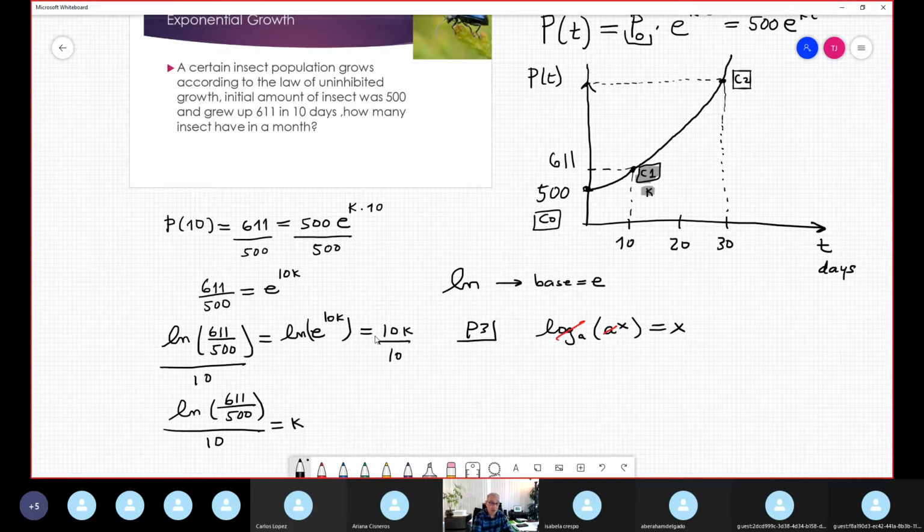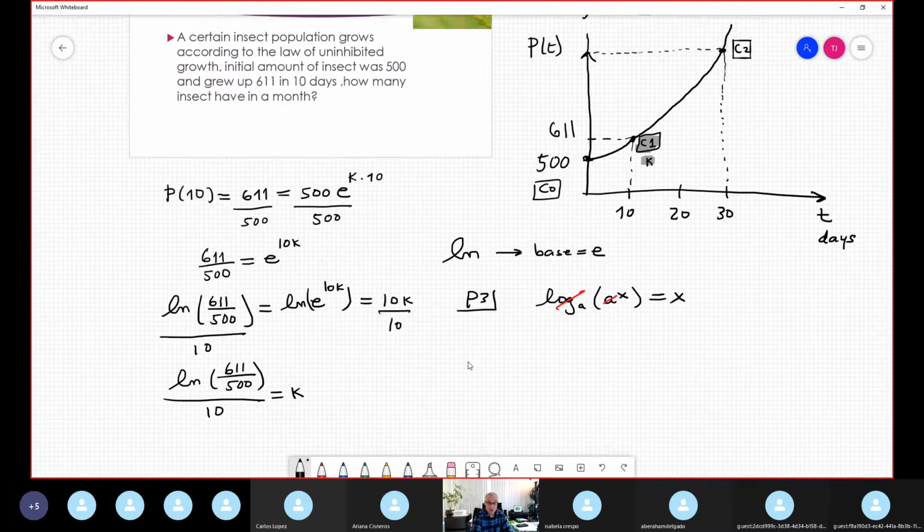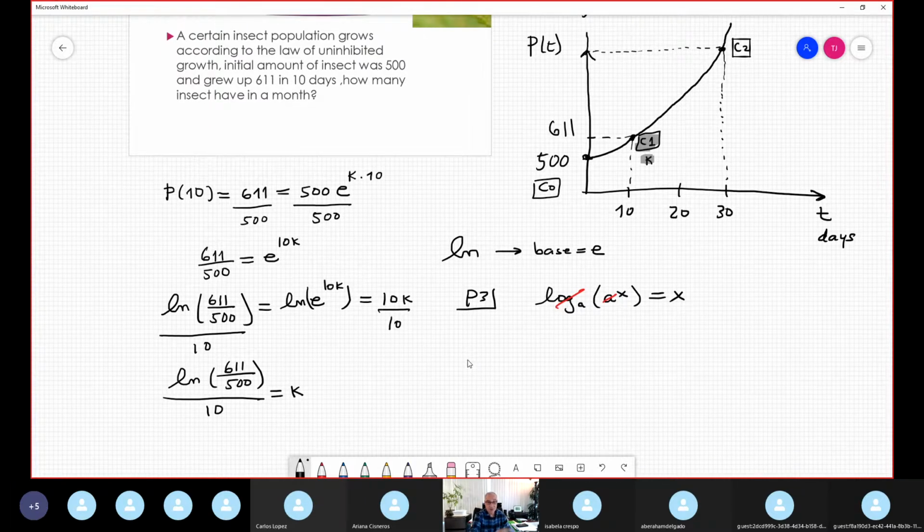Very important, the thing I want to explain now. This is not the final answer. This is a partial answer. As you see in the display of the calculator and you copy on the piece of paper, you lose accuracy in your information because you are truncating the decimals. So my recommendation is: you copy on the piece of paper, okay.